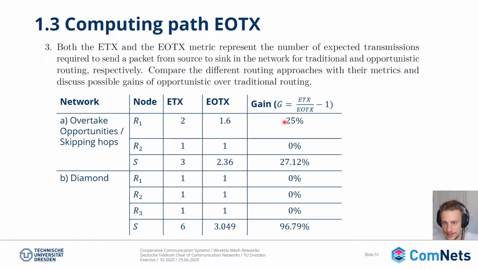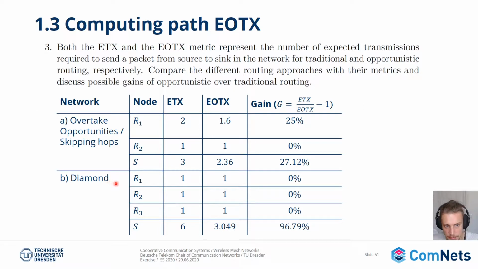Meaning we can save this if everything else goes smoothly, if the conditions don't change and R2 only then forwards when it needs to. So the gain for the source node here is even a bit bigger, with 27.12%.